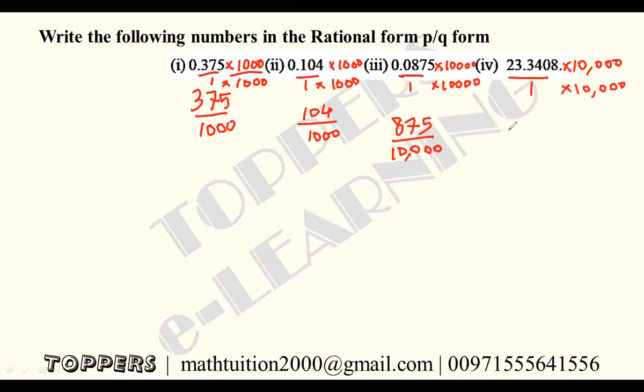So you will get 233408 divided by 10,000. Fine. All these are terminating decimal numbers, right? When you are changing into rational number standard form, these are the answers we are getting. What is the speciality you can see in the denominator? Anything?